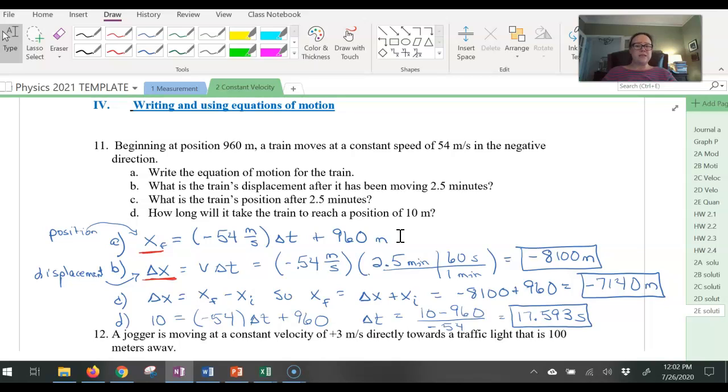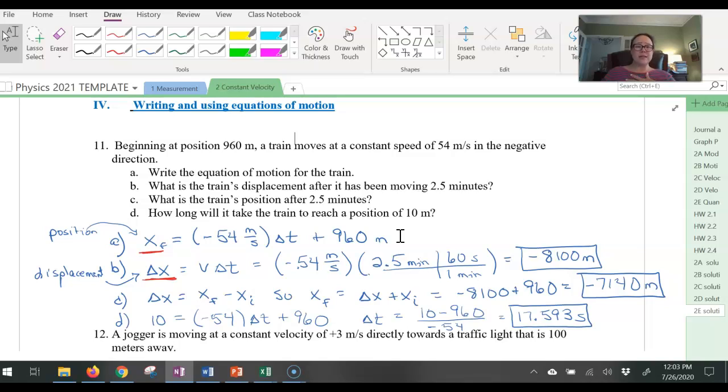Question B says, what is the displacement after the train has been moving for 2.5 minutes? This is a good question to remember and to note and review again, because it's asking us to be very clear about the difference between position, which is x, and displacement, which is delta x.